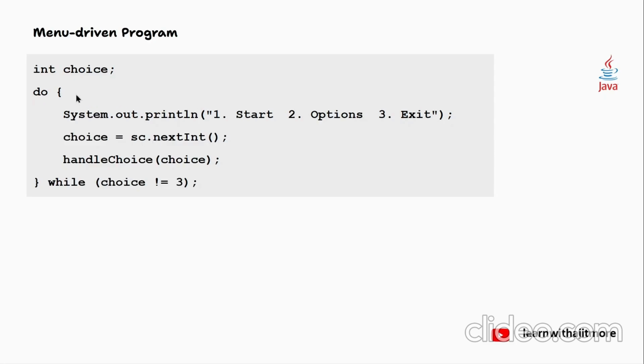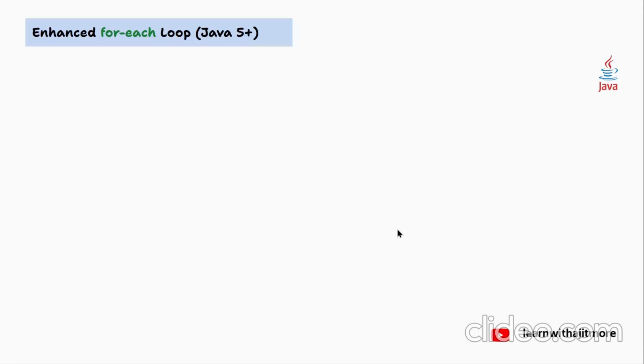Generally, do while loop is well suited for a menu driven program. Okay. Then there is a fourth type of loop which we are supposed to study. In yesterday's session, 3 loops we have done. One that is for loop, second while loop, third do while loop, and this is the fourth one called for each.